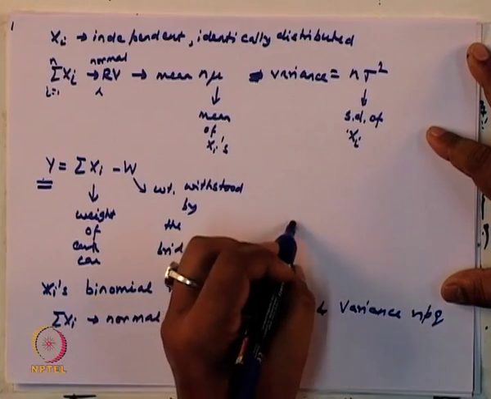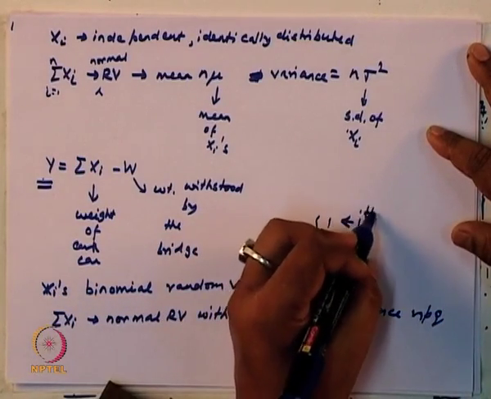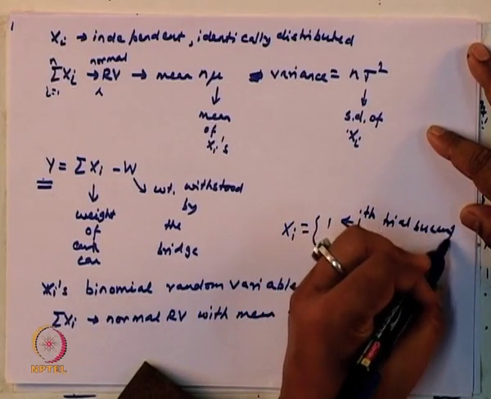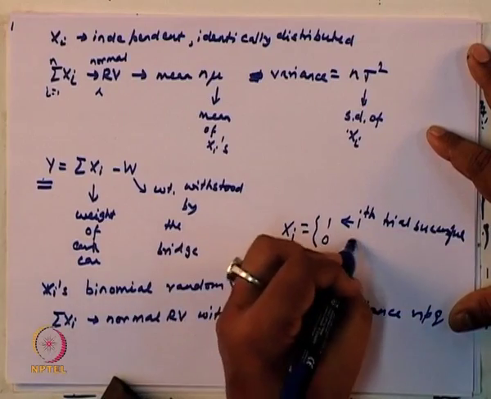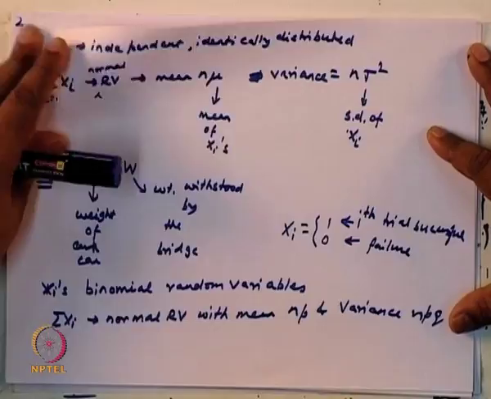So we can define xi equal to 1 if the ith trial is successful, and 0 if it is a failure. Let us see an example where we can make use of this concept of binomial random variable.